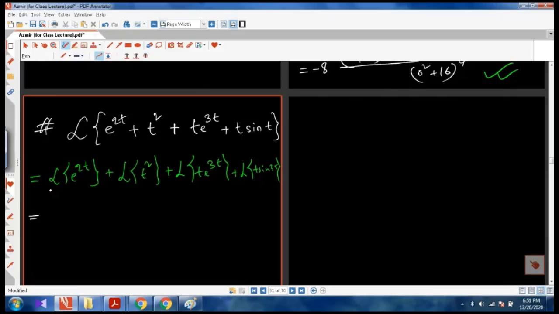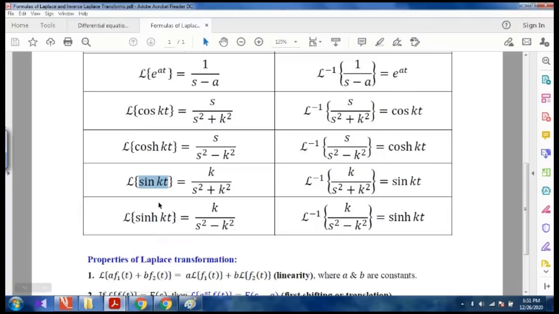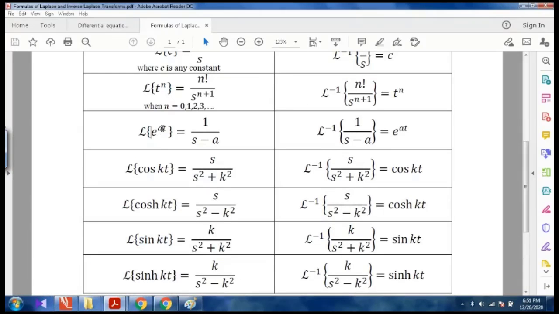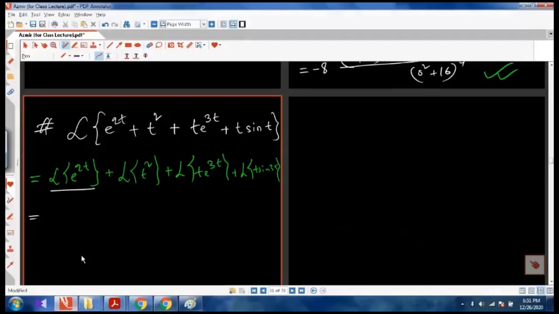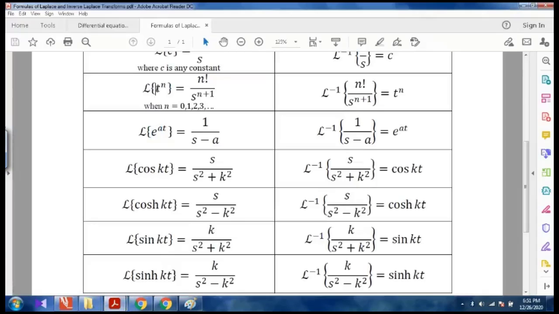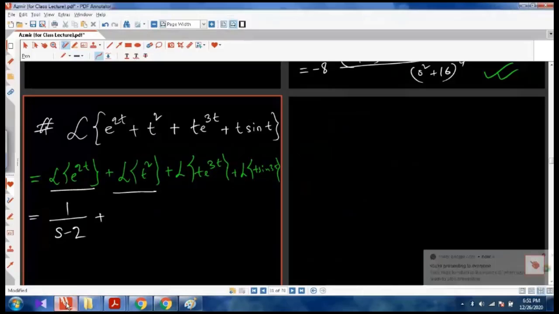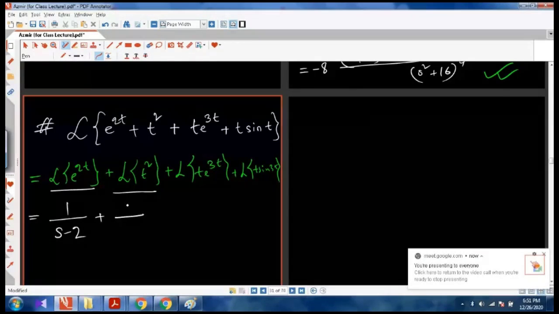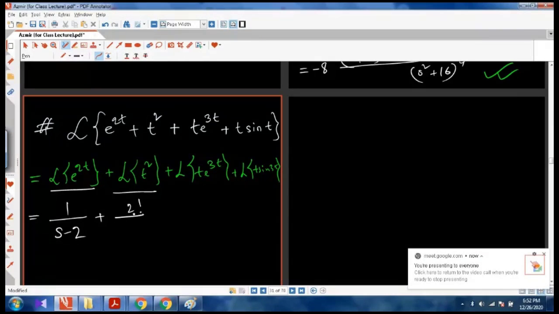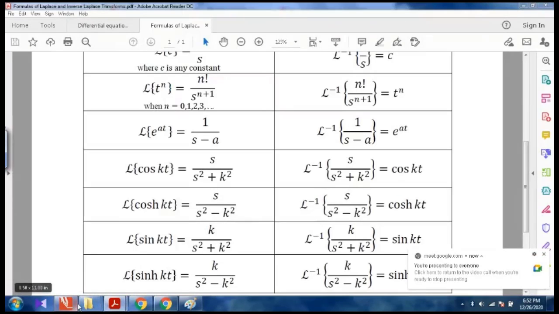So this is going directly with the formula. Laplace transformation of e power at is 1 over s minus a. So it is 1 over s negative 2 plus the Laplace transformation of t squared, t power n factorial by s power n plus 1. Right? Yes, sir. So it will be 2 factorial, that means n factorial by s power n plus 1.